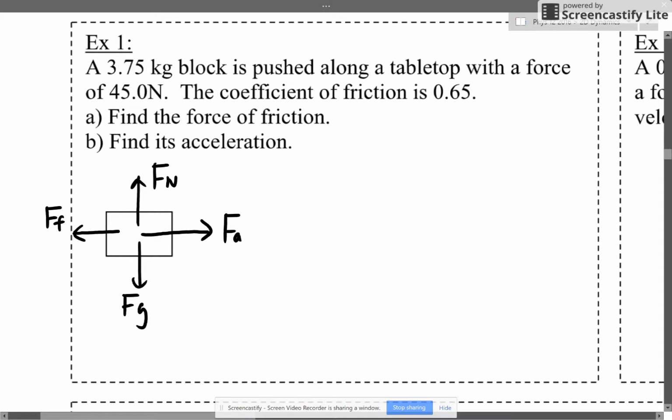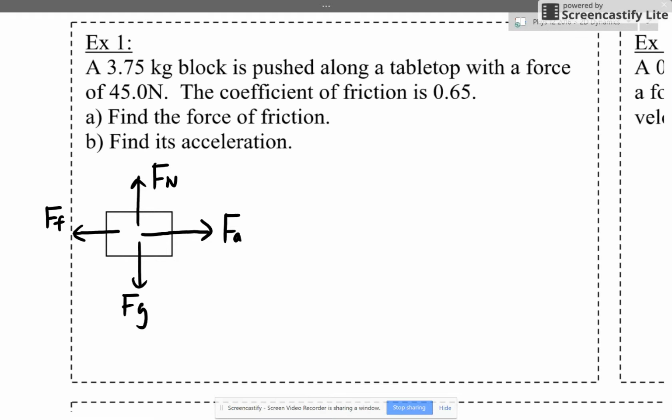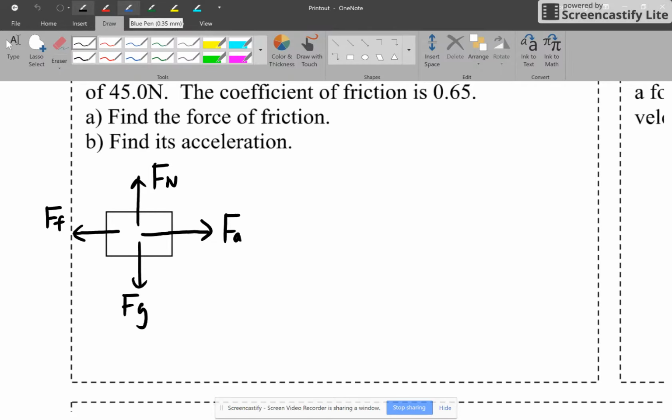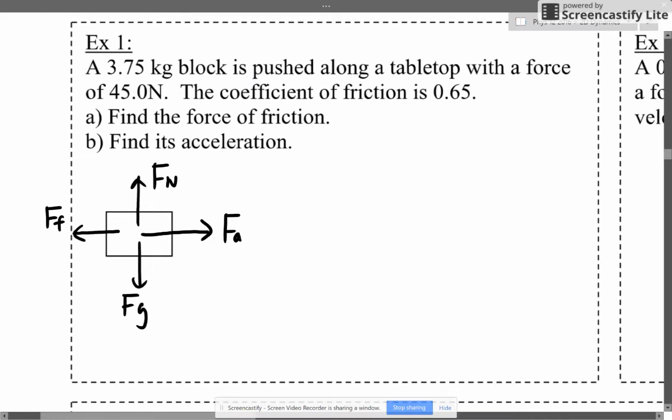When you look at this, you have to compare vertical to vertical, horizontal to horizontal, and see which side should be winning. In most situations like this, because you're on the table and you don't expect the box to suddenly jump, we'll say Fn and Fg would be exactly the same.